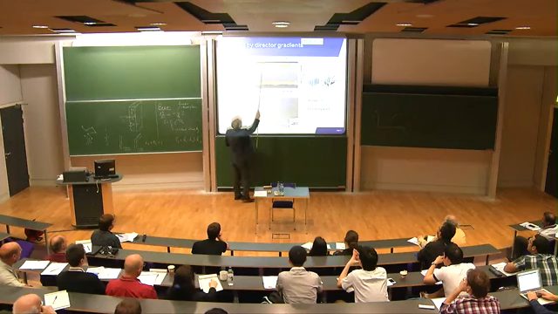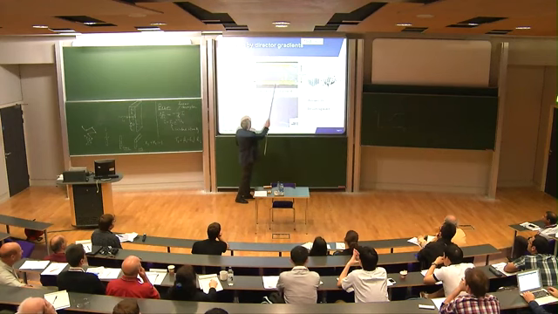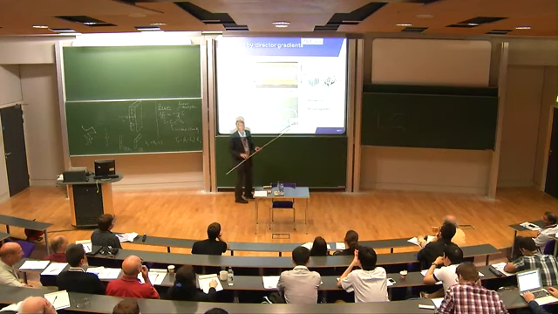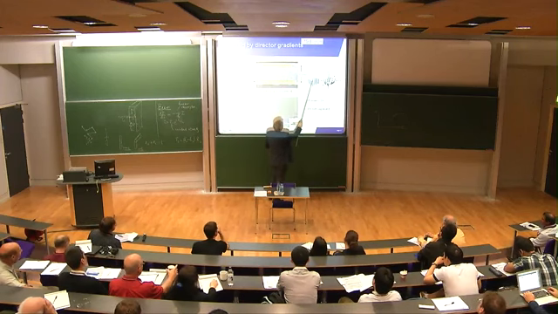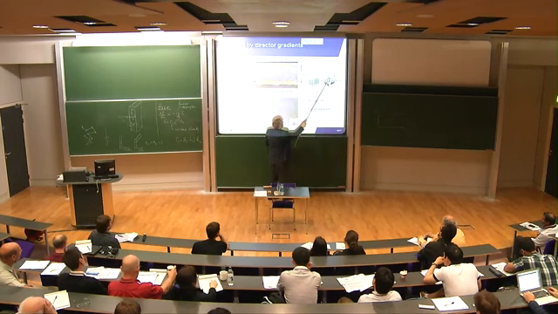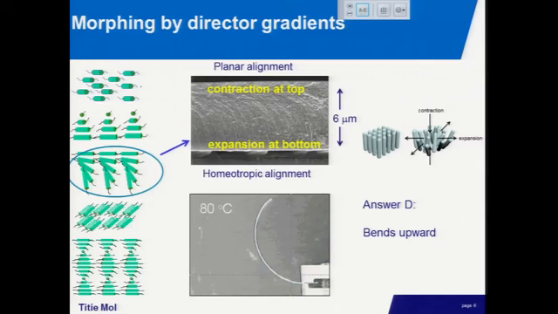Because of the negative thermal expansion, you will have contraction at the top, and because of the positive thermal expansion, you will have expansion at the bottom. And that basically can be seen here. If the molecules go from an ordered state to a less ordered state, it will contract in this direction, and it will expand in the direction perpendicular to it, because of the anisotropy of the thermal expansion coefficient. Exactly.